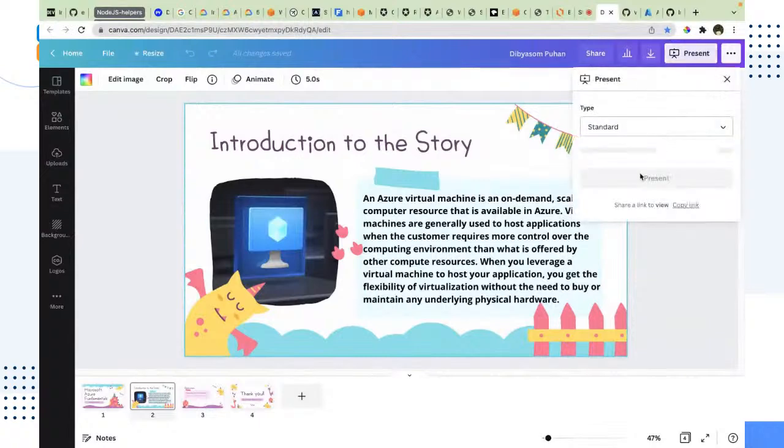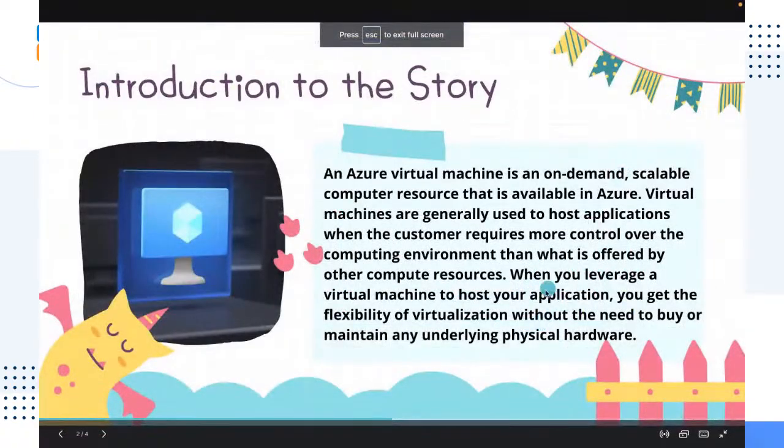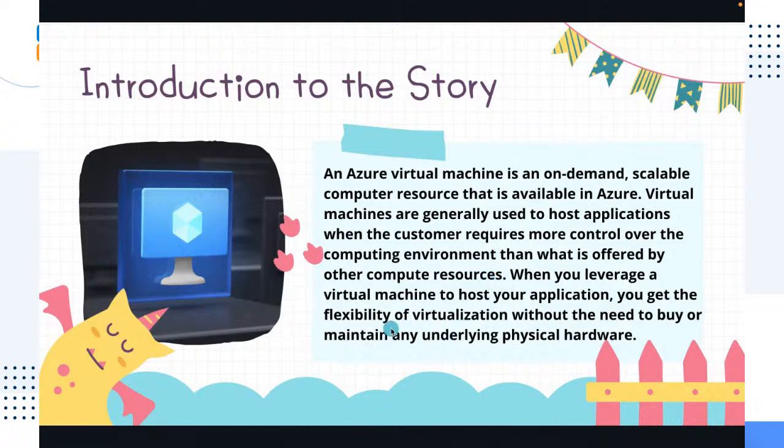So more or less that is what was present here about virtual machine. With a virtual machine you get the flexibility of virtualization without the need to buy or maintain any underlying physical hardware, and that is what we already discussed. You don't need to worry about purchasing new resources for your system, or maintaining or updating them in future.